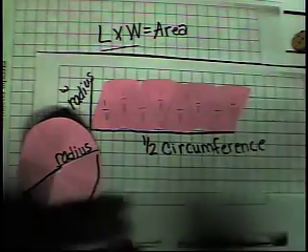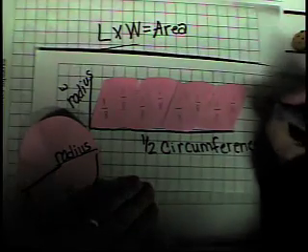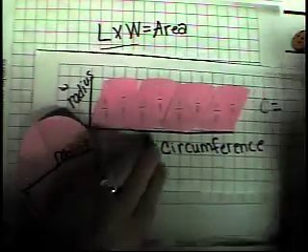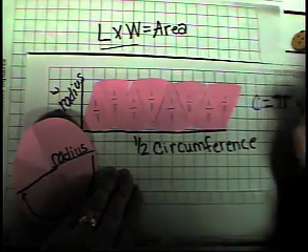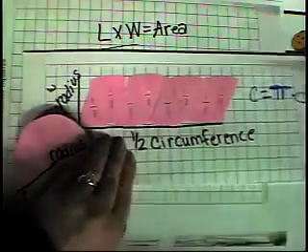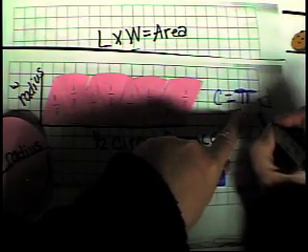So this is half of a diameter times pi. Let me think about that again. To find the circumference, it's pi times diameter, and this is half of a circumference. So I've got to divide that in half. Well, I wouldn't divide the pi. I'd divide the diameter because it's easier.